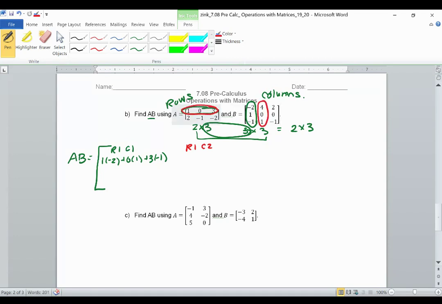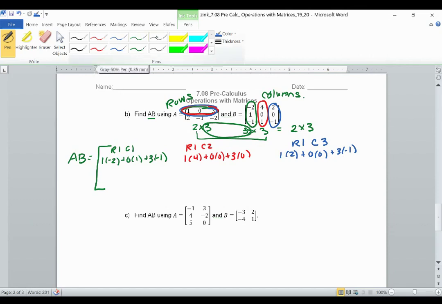And we multiply in order those numbers. So 1 times 4 plus 0 times 0 plus 3 times 0. Next is going to be row 1, column 3. Row 1, column 3. We've got 1 times 2 plus 0 times 0 plus 3 times negative 1.